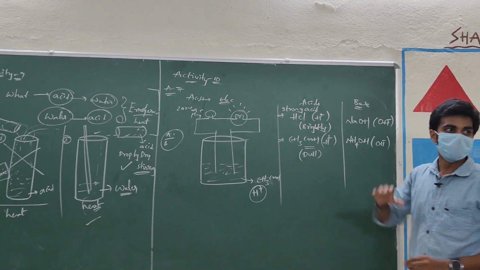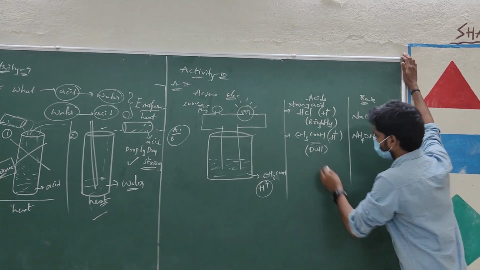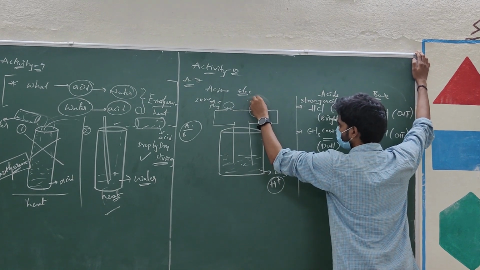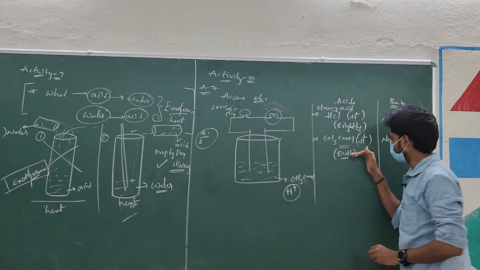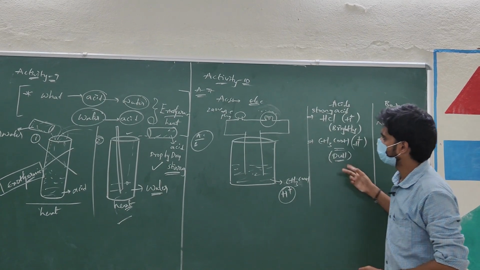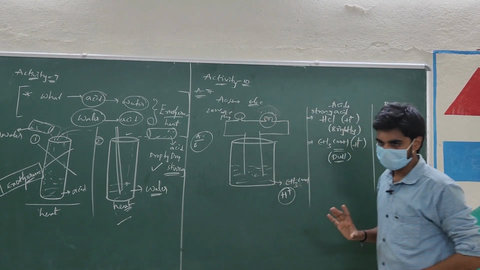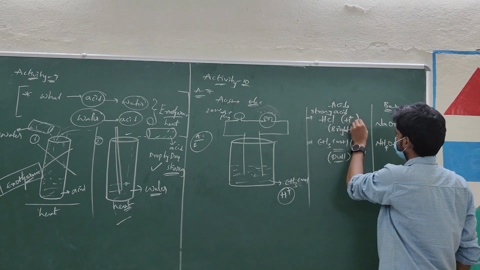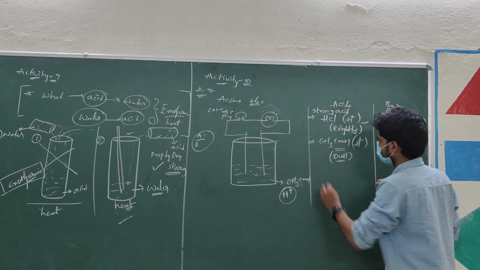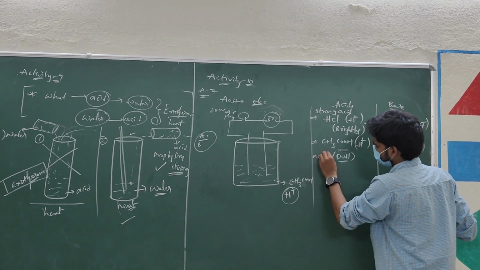Due to less load, right? So in the same situation the bulb glows but very lowly. Yes, that's because it contains a few H plus ions. Okay, so this is the case. So by using this activity, if the bulb glows brightly, we simply say it is a strong acid. If the bulb glows very dull, we simply say it is a weak acid.